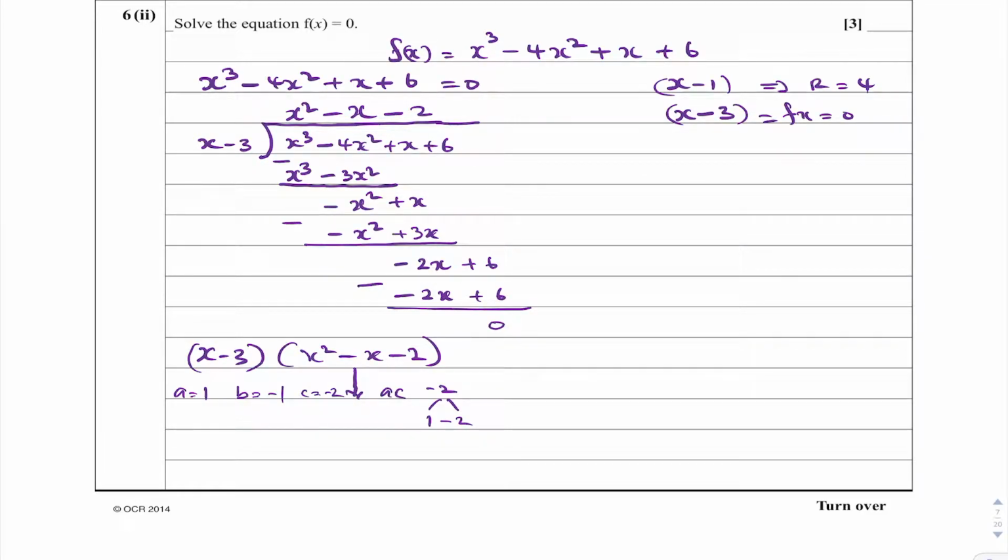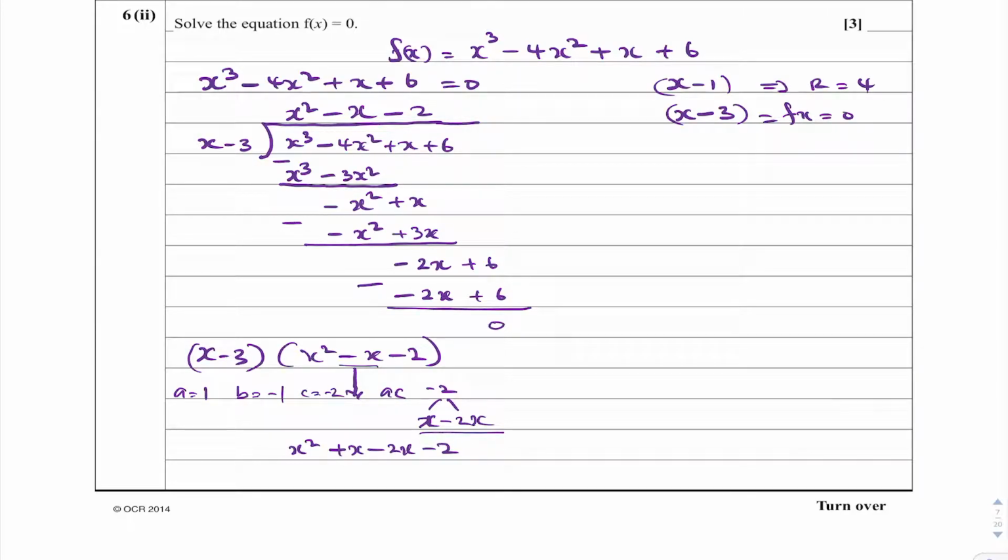If I replace the middle term with that, I put that back into the function, so I get x squared plus x minus 2x minus 2. So I've replaced that with this, and therefore I'll still get minus x, because plus x minus 2x will give me minus x.